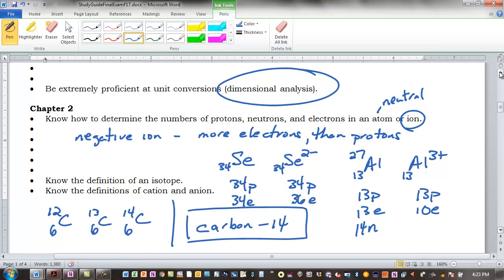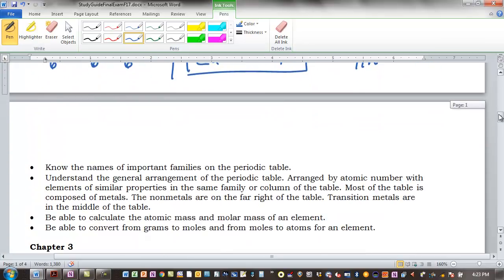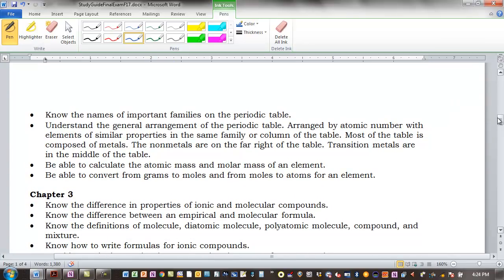All right, let's see what else we have in Chapter 2. I can't remember any questions on the final asking you about names of families on the periodic table, but we know the noble gases, the halogens, alkali metals, alkaline earth metals. Certainly know that these are the transition metals in the middle.